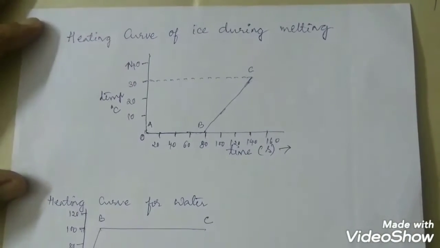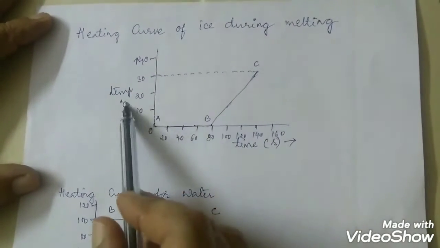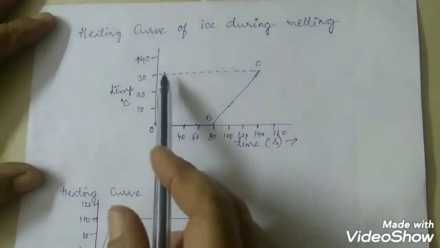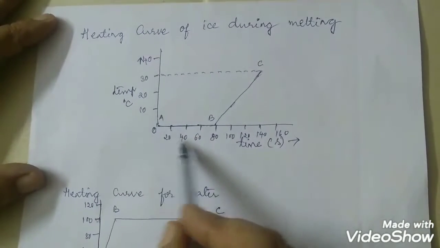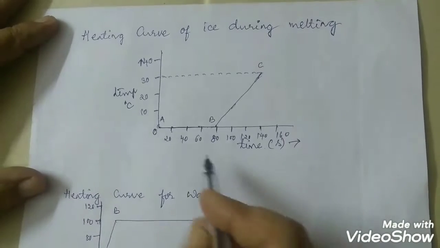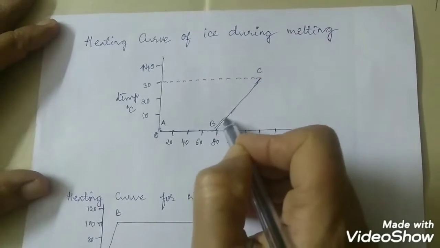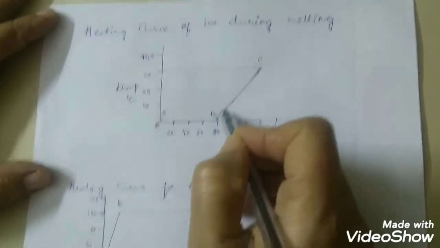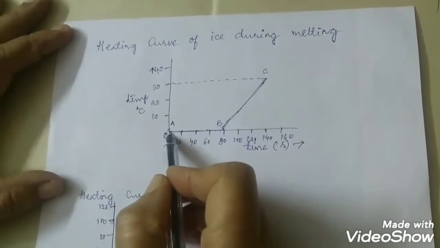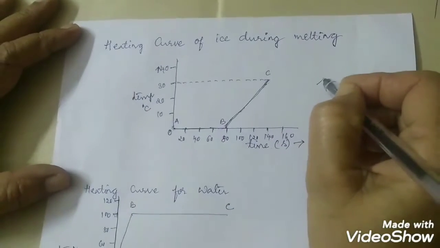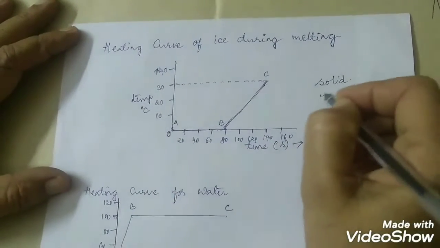Now let us study the heating curve of ice and the heating curve of water. I have a temperature-time graph here, with temperature on the y-axis and time on the x-axis, and the graph is A, B, C. Here the substance is a solid, the example being ice.